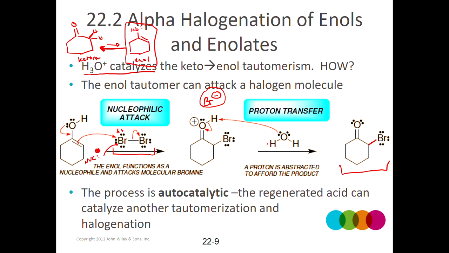When the water picks off that proton, it regenerates H3O+, which then goes on to catalyze this tautomerization reaction that we talked about last time. So that's one way to replace an alpha proton with a halogen. You can do that under acidic conditions with H3O+ and the halogen molecule through this mechanism.